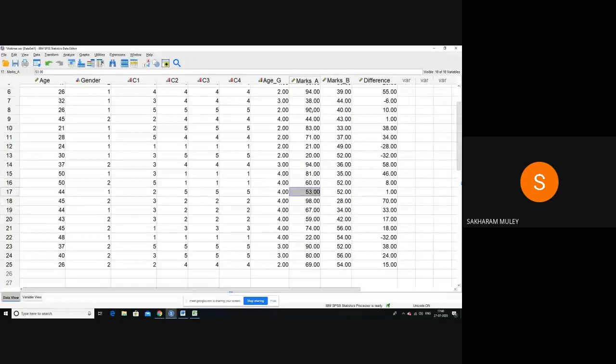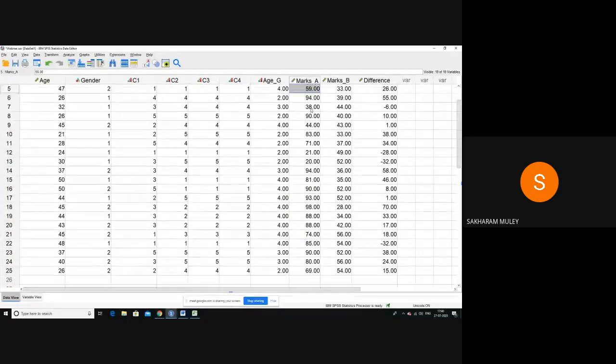Let us make the change as 88, this is 93, 90, 88. Again, this one is 89.